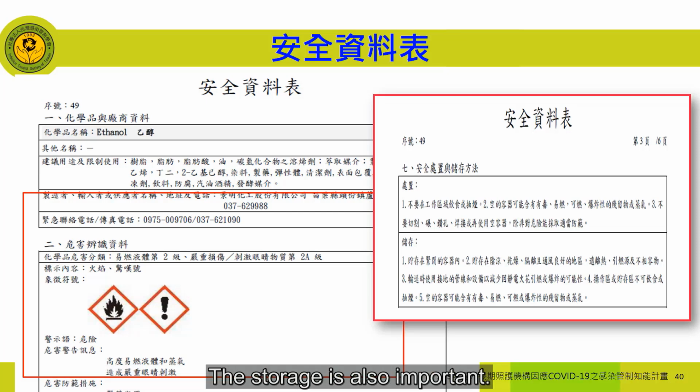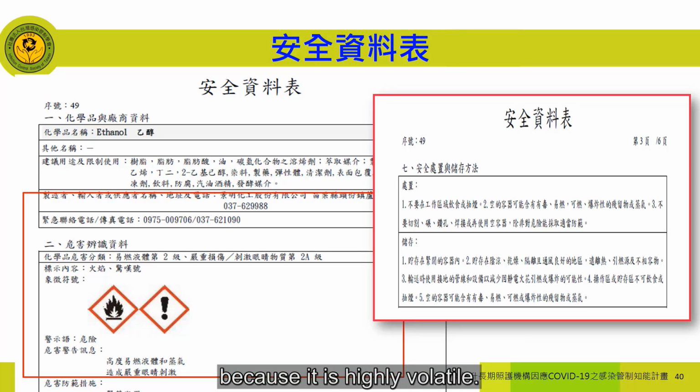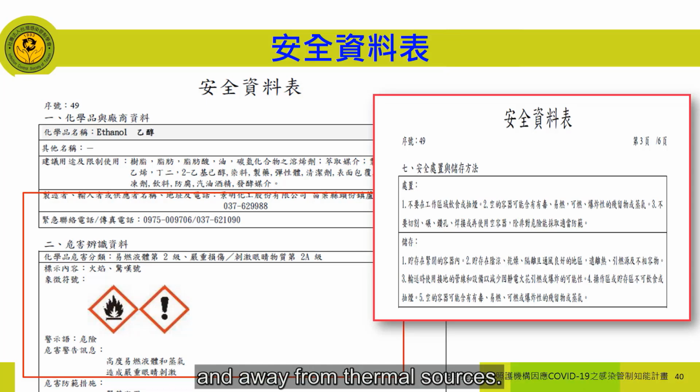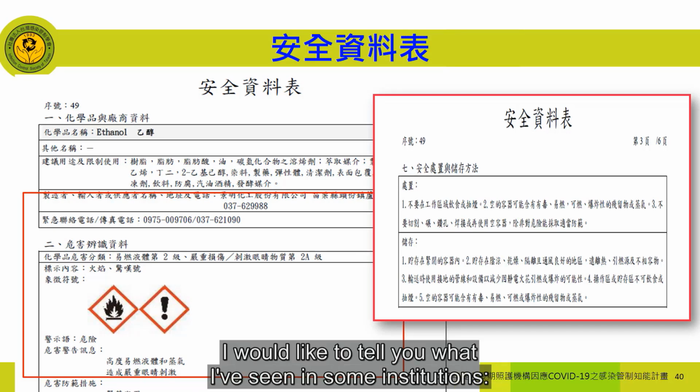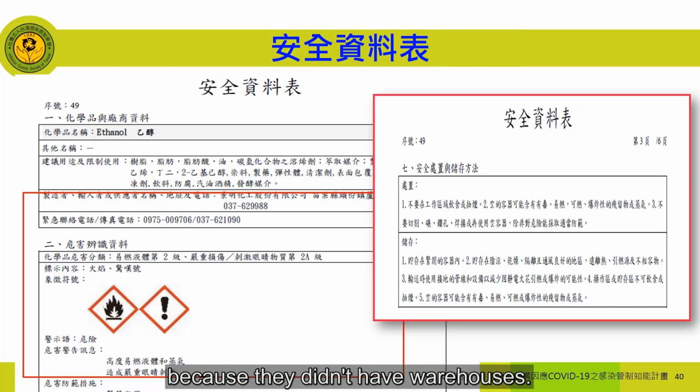The storage is also important. You have to store the alcohol in containers that are tightly sealed because it is highly volatile. Secondly, please store in a dry, shadowed, and isolated area with good ventilation and away from thermal sources. I would like to tell you what I've seen in some institutions, storing alcohol products in a metal sheet room on rooftop because they didn't have warehouses.